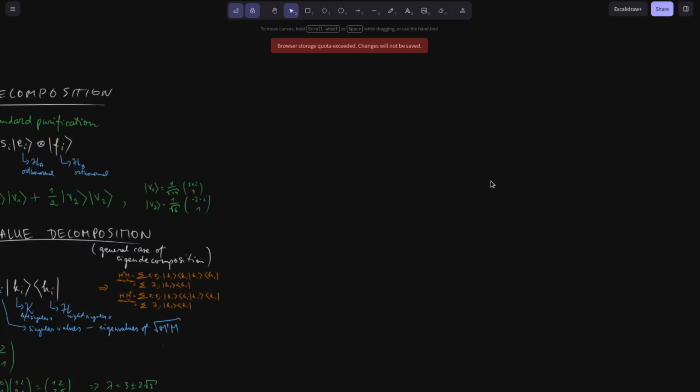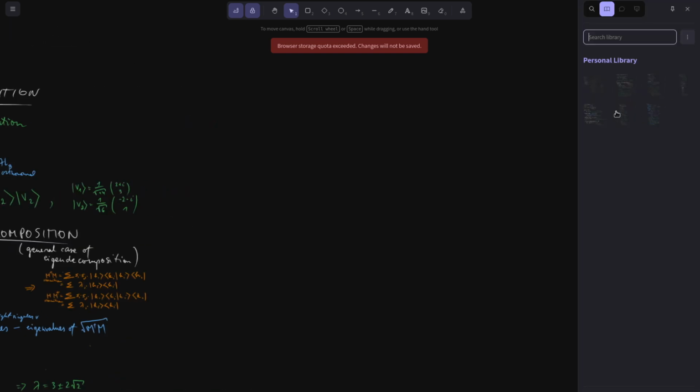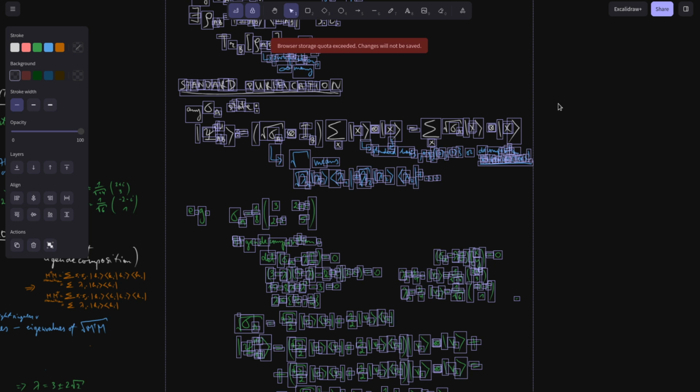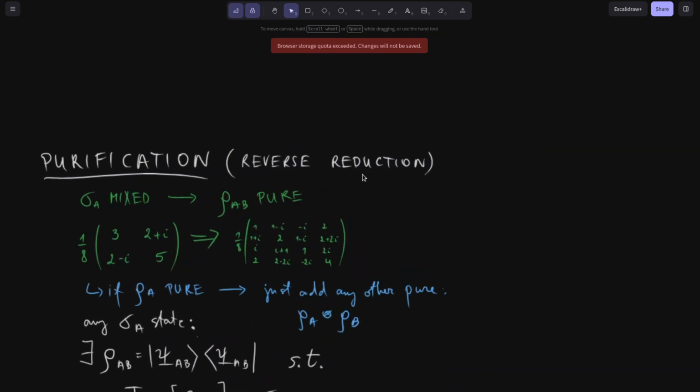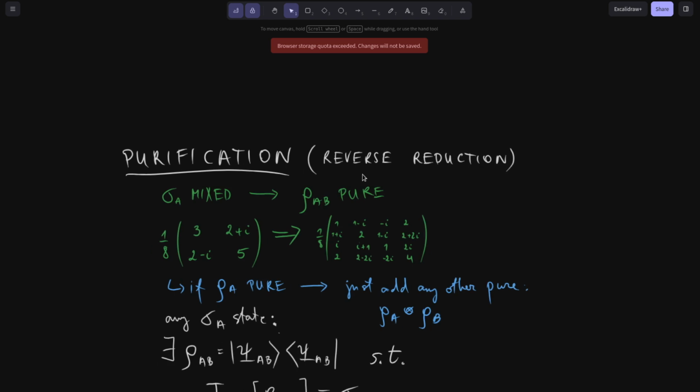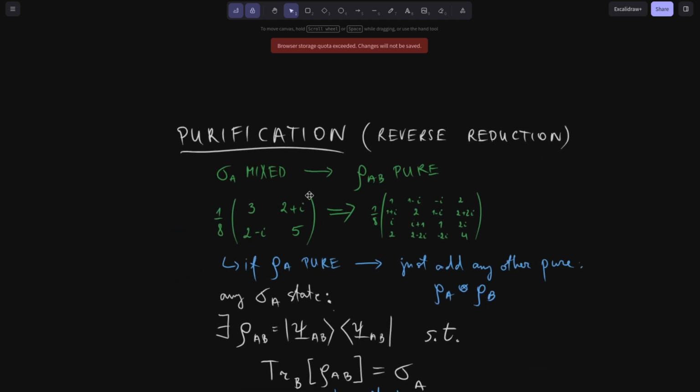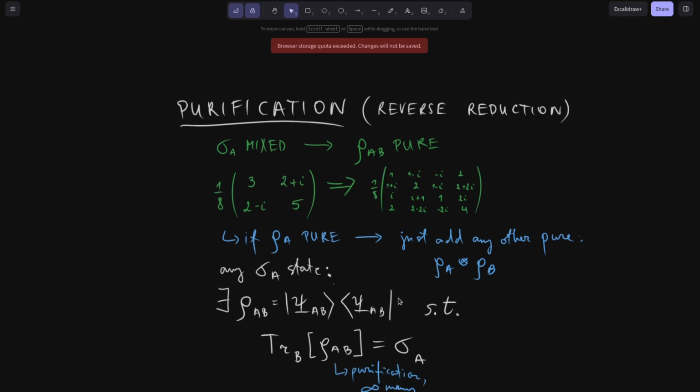Okay. Now we need purification. So what we do is the opposite of reduction. We have a mixed state and we want to purify it. So we're finding what was the initial state that we reduced. And we're not choosing any state, we're choosing a pure state.